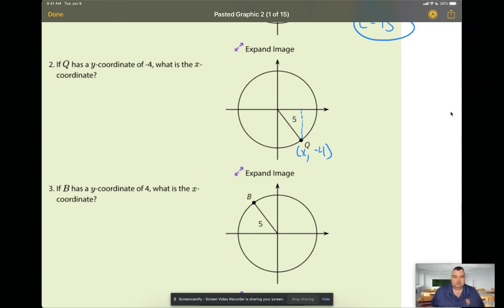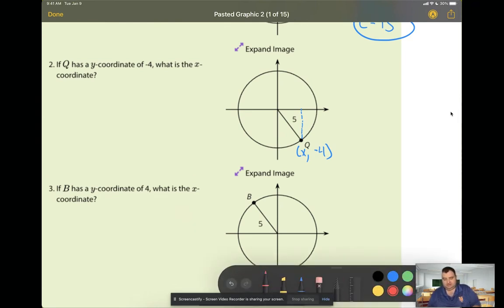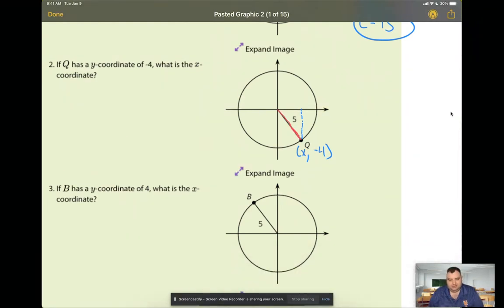Okay? So if I do the same thing I did in number 1 and create the triangle, okay, notice my radius or hypotenuse will be 5, okay? My y value is negative 4, meaning the vertical side of the triangle is going to be negative 4, and I need to figure out the x value.